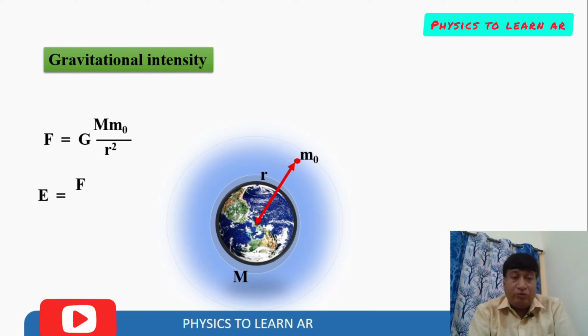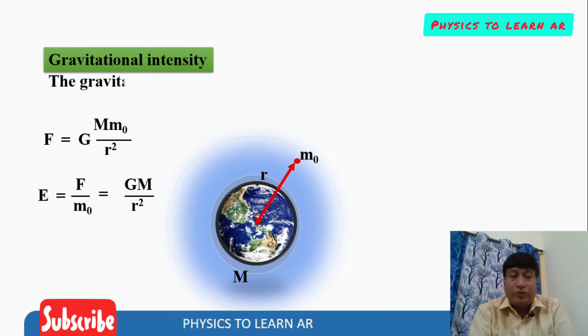Now we can define the gravitational intensity as E equals F by m0. By substituting the F value, we get E equals capital G into capital M by r square.